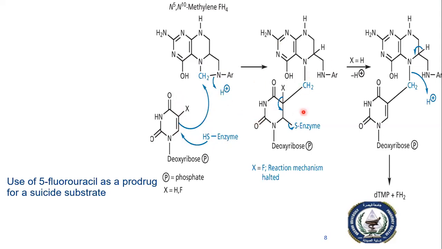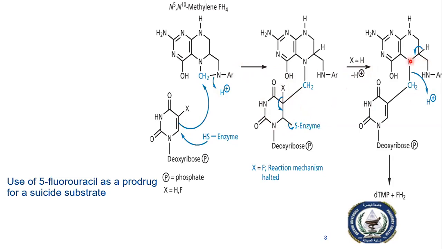Up until here, the reaction is going fine and nothing is happening, because this step occurs whether it is the normal uracil or the 5-FU. 5-FU is 5-fluorouracil. But after this step, the uracil will lose one proton from position number 5, and that will form the bond again, and this will kick the enzyme out.